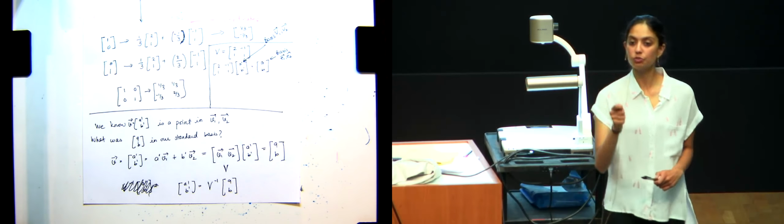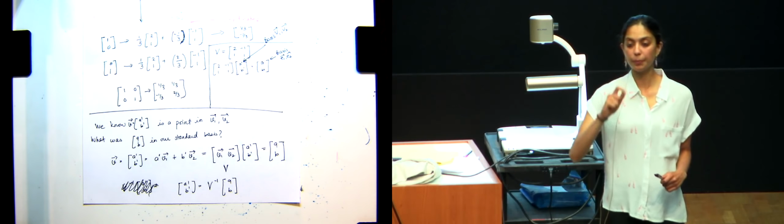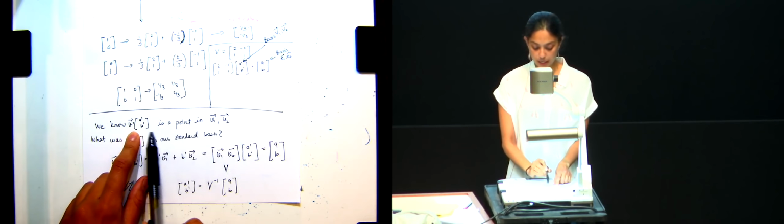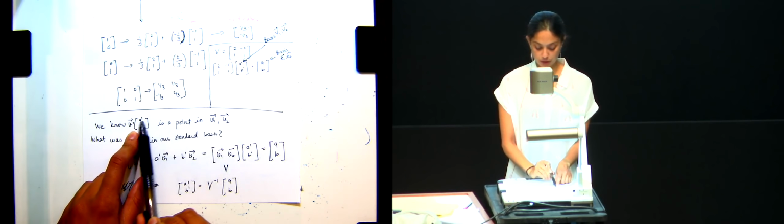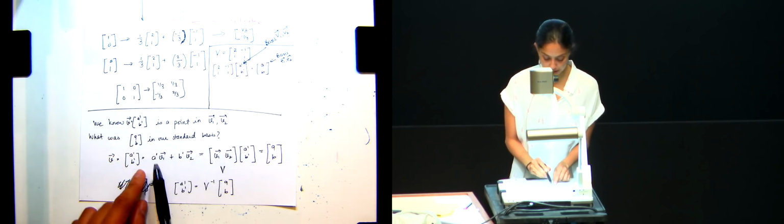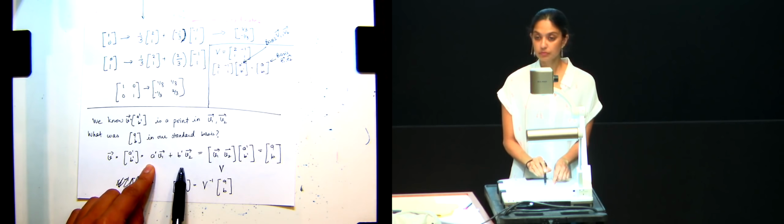Write it out. I know it's really super confusing, but this is exactly why I like writing this out this way. If V prime is a point in these coordinates, then I know that V is A prime times V1 plus B prime times V2.